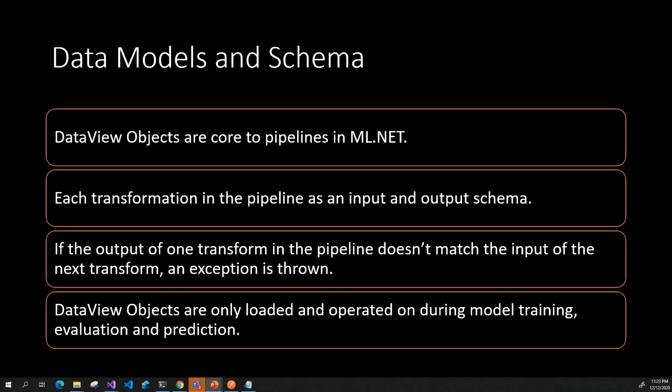Each transformation will also have an output schema. So we have our output class that was generated before, and this just includes the data names, types, and sizes that the transform produces after the transformation has taken place. If these don't match, ML.NET will throw exceptions.